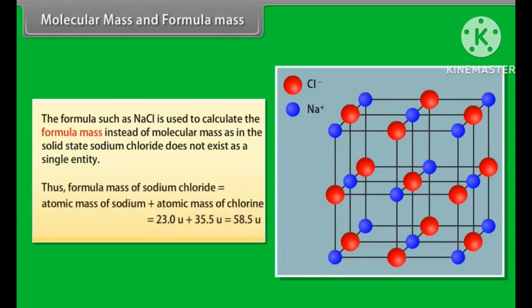Thus, formula mass of sodium chloride is equal to atomic mass of sodium plus atomic mass of chlorine, which is equal to 23.0 u plus 35.5 u, which is equal to 58.5 u.